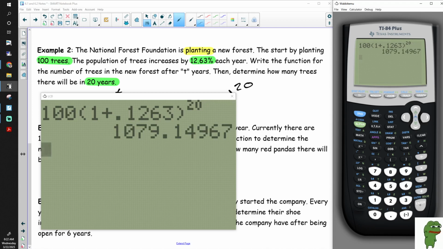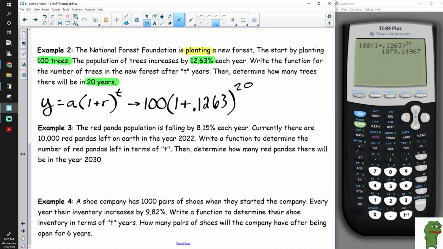Now when we are rounding these problems, you always round down to the nearest whole number. Because can you have 0.149 of a tree? No. You either have a tree or you don't. So we're just going to say 1,079 trees. 1,079 trees. That's the answer? That is the answer.